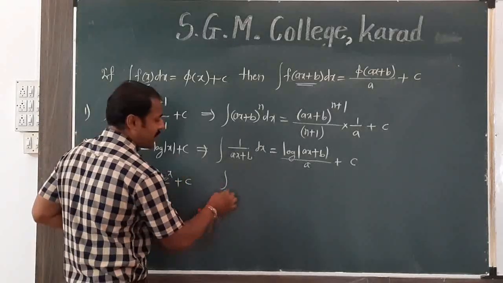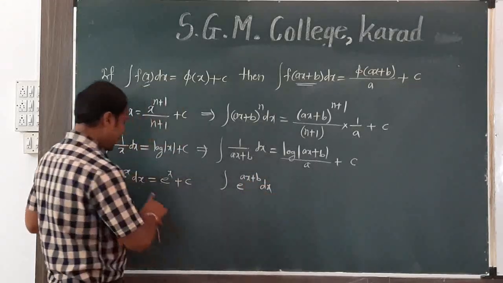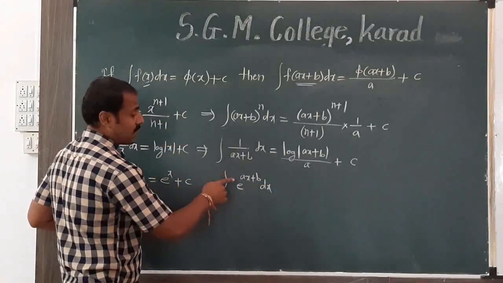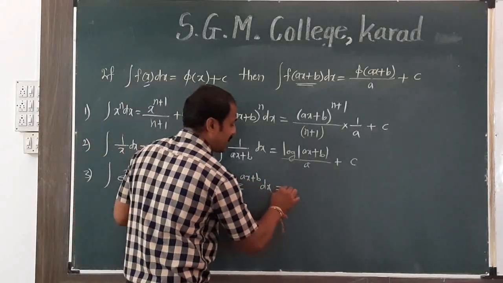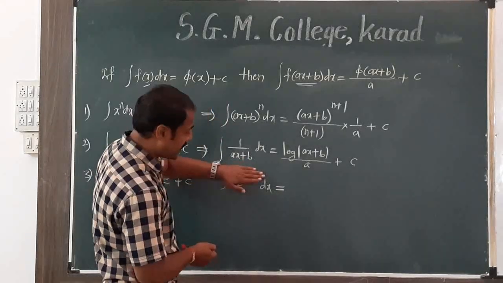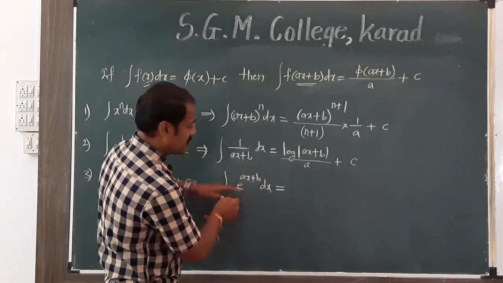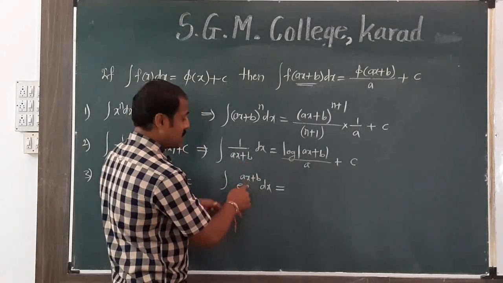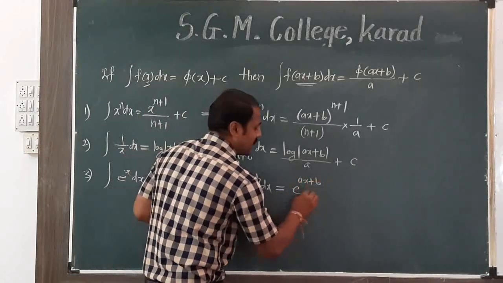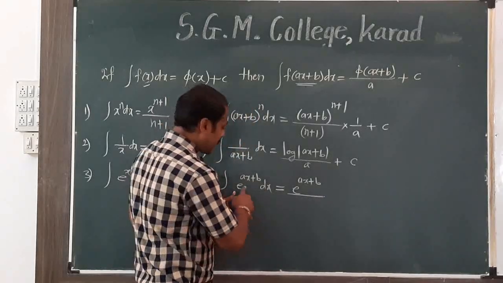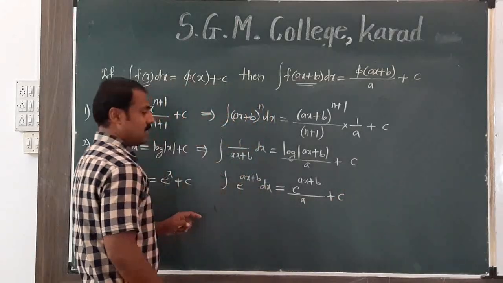Then if you want to find the integration of e raised to ax plus b dx, if x is replaced by ax plus b, then the formula becomes, look here, consider ax plus b as x. Here we have e raised to x, and integration of e raised to x is e raised to x. So integration of e raised to ax plus b is e raised to ax plus b, divided by the coefficient of x, that is a, plus constant of integration c.